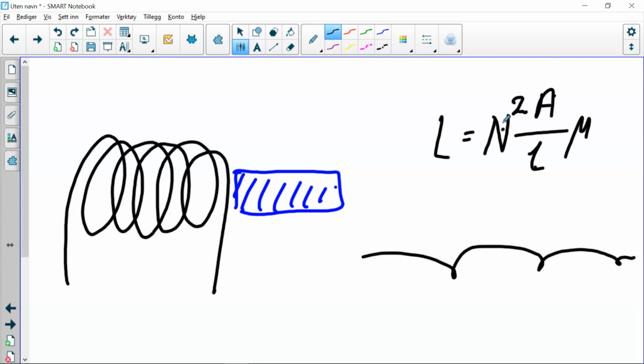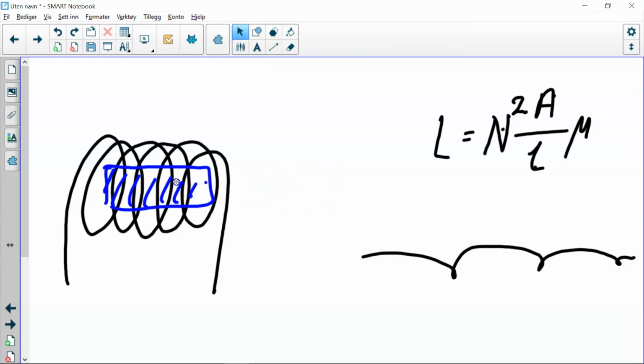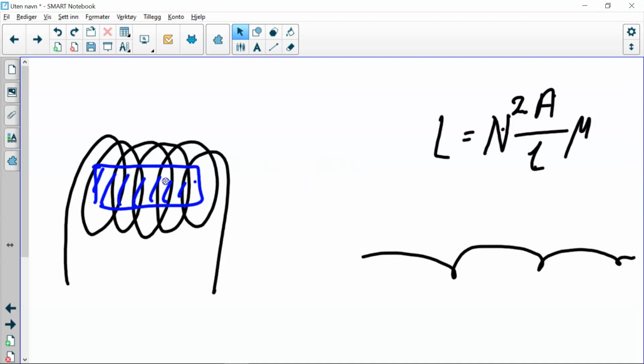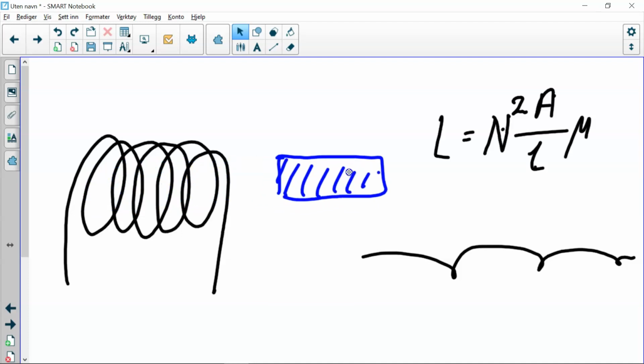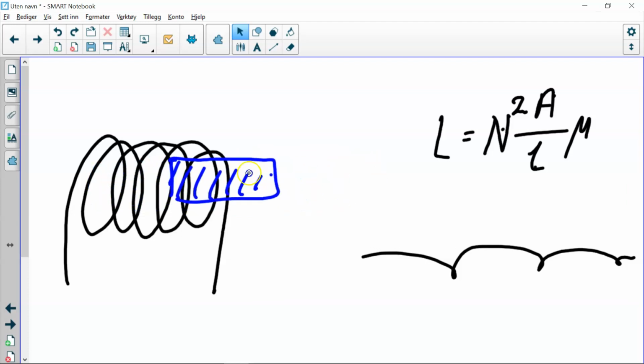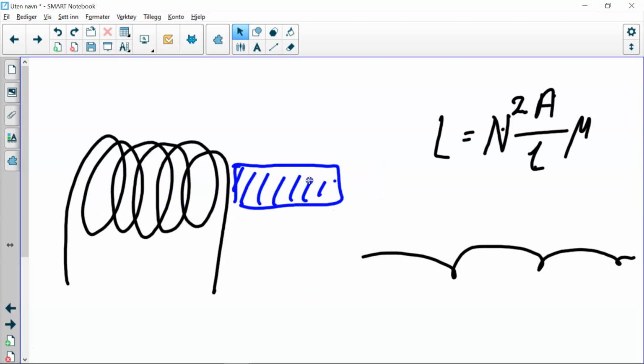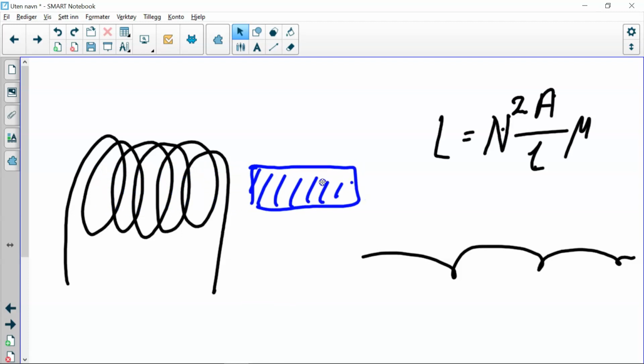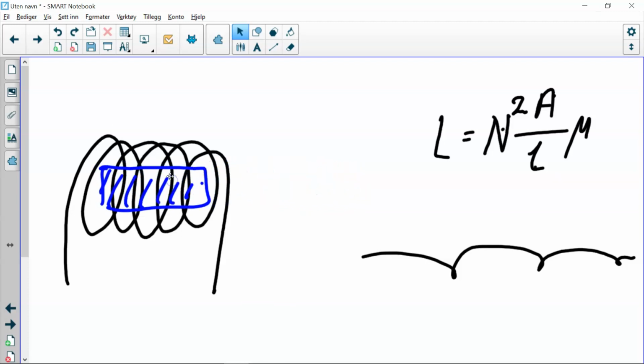Therefore, the easiest thing to manipulate is the presence of a core, the mu. So this would actually be a sensor with a high inductance, low inductance. This would be a position sensor if I were able to remove or insert the core into the coil here.